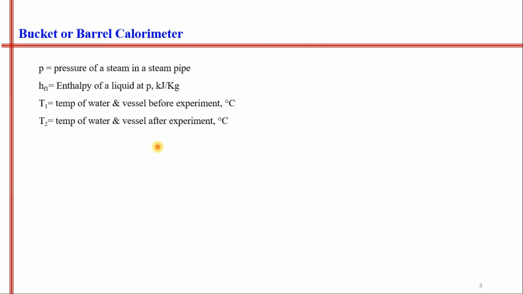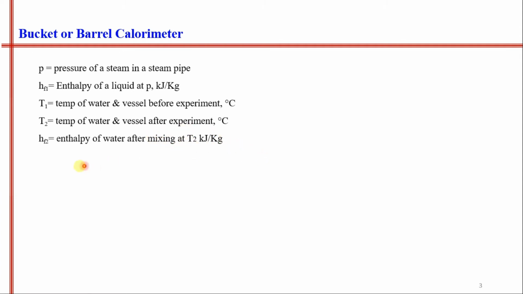As we have seen, while we are collecting the sample of steam and diverting it into the calorimeter, this steam exchanges heat with water inside the calorimeter. So obviously the temperature of the water inside the calorimeter is going to increase. HF2 is the enthalpy of water after mixing at temperature T2.